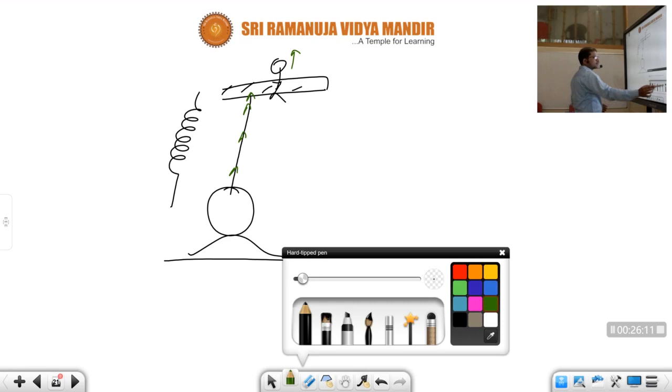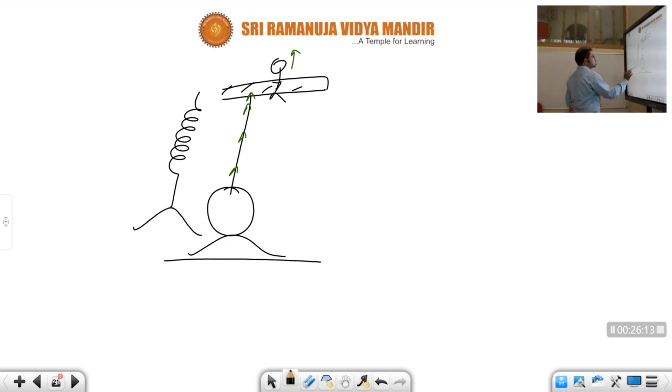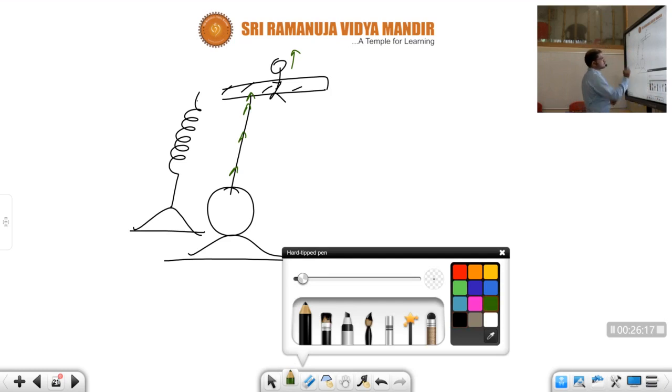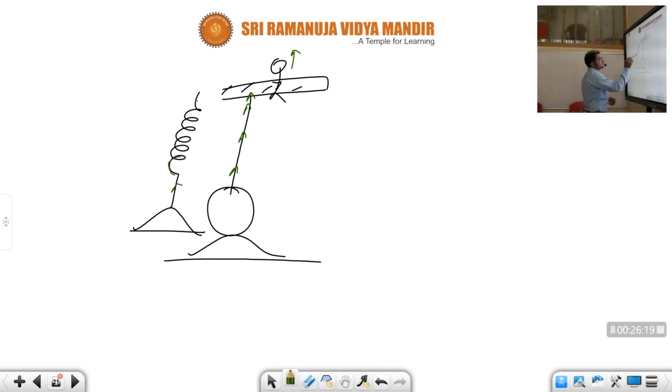Instead, if you provide this spring arrangement, what will happen, children? The force, after coming here, has to travel the entire length of the spring, and then it will reach here. Anyway it will reach the passenger, the force due to that speed breaker.